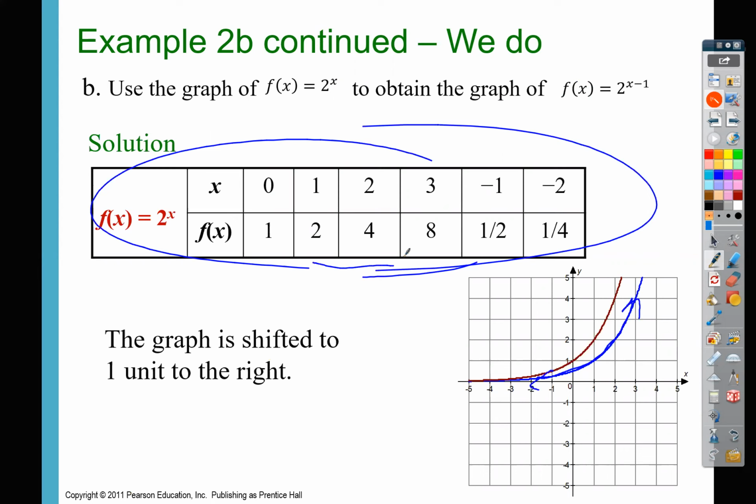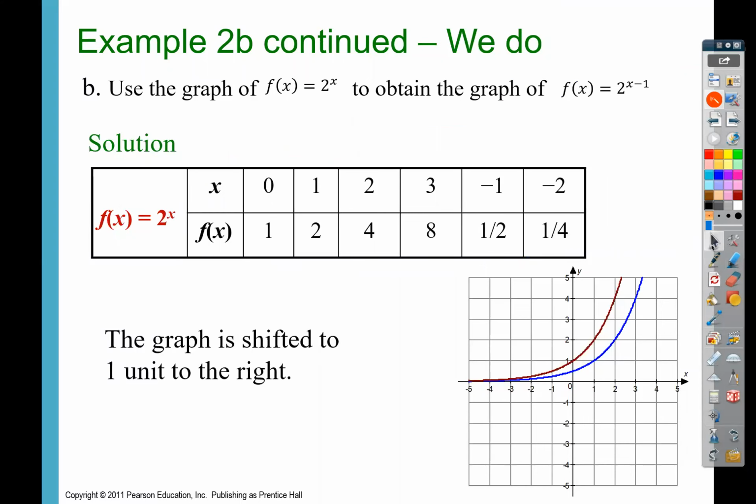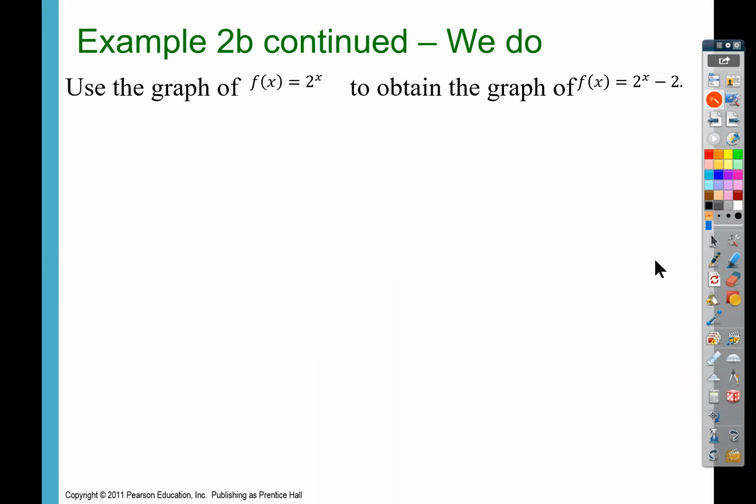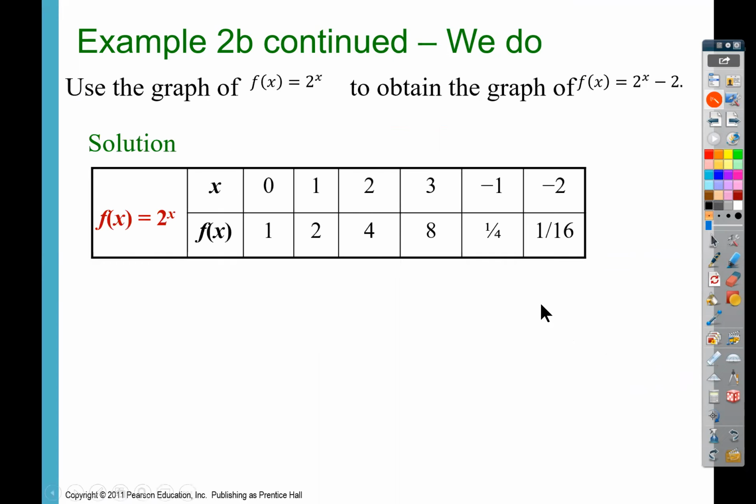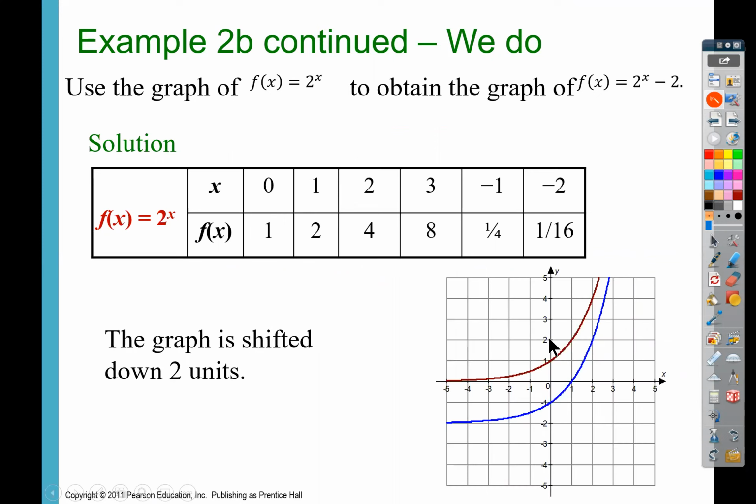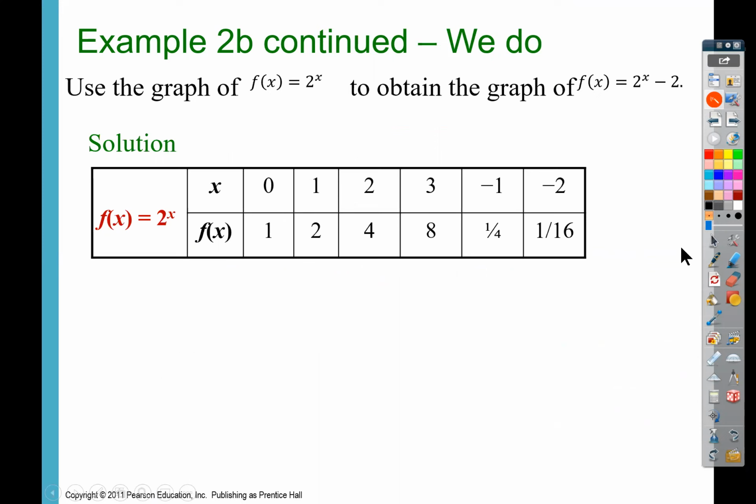And then if it shifted over to the right one, you get what we had in the last example. Those are our numbers that we got.